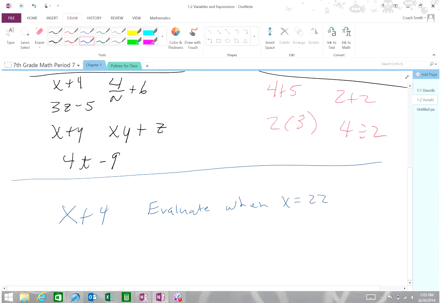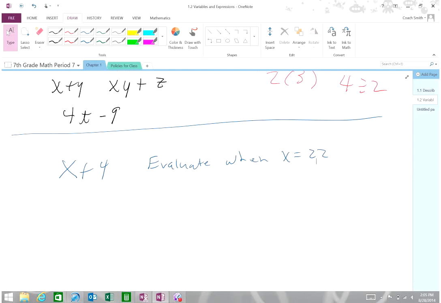Well, evaluate, when we're talking about variable expressions, or really anything, means I want to take that variable expression to its lowest name, or its simplest form. How we do that is this. We first of all take this 22 and plug it into my variable expression. And that gives me 22 plus 4.